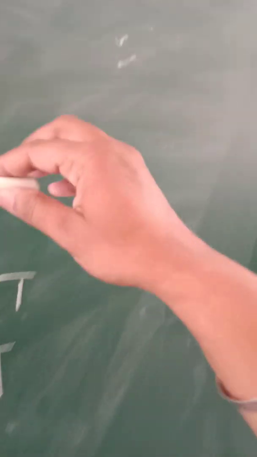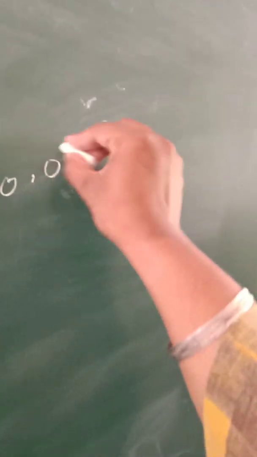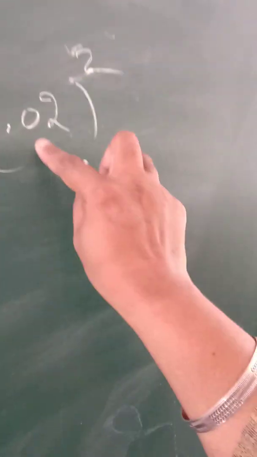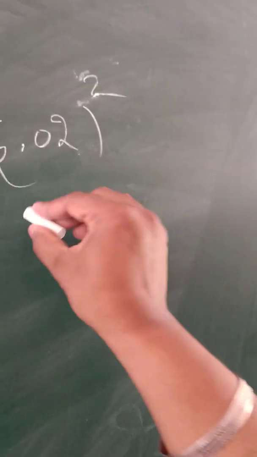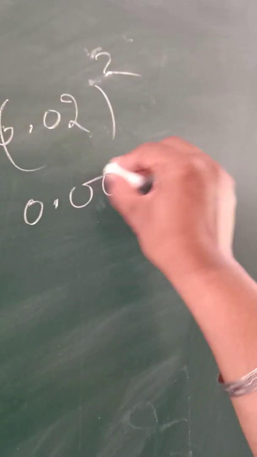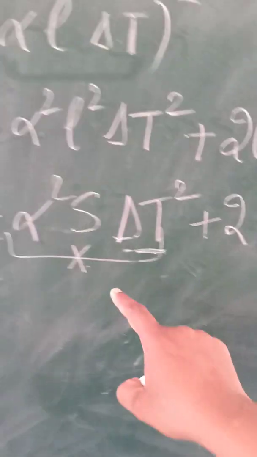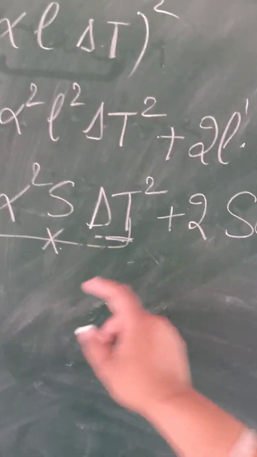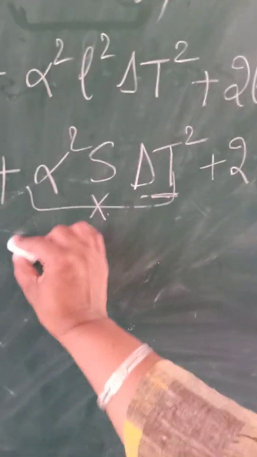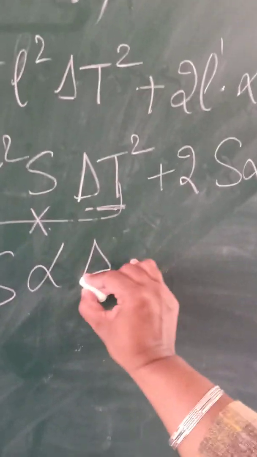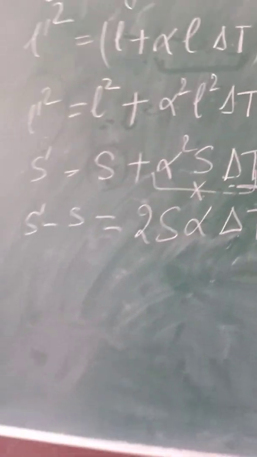For example, if we take 0.02 square, a very small change, its square means 0.0004. Clear? So this is very small, so we neglect this term. On the right hand side we are left only with 2S alpha delta T.